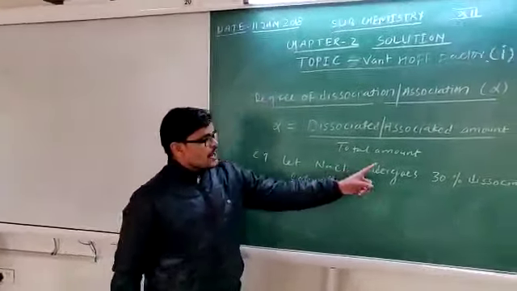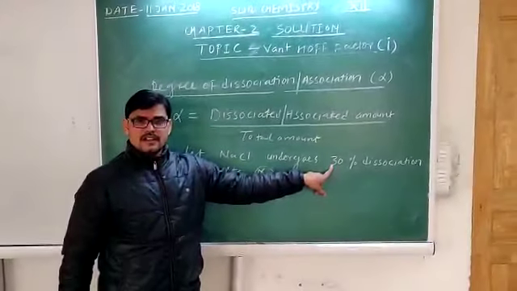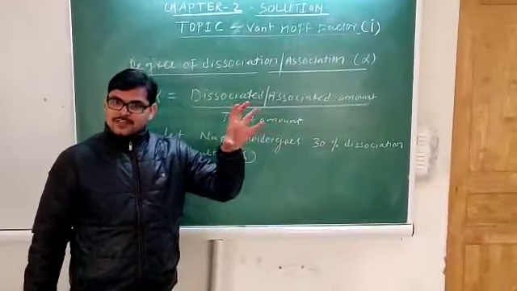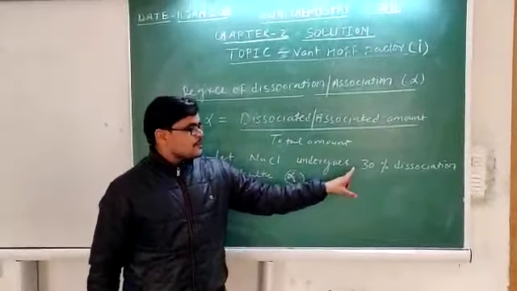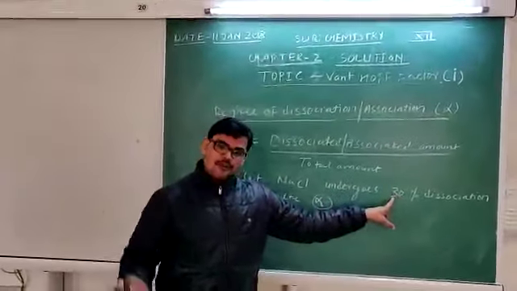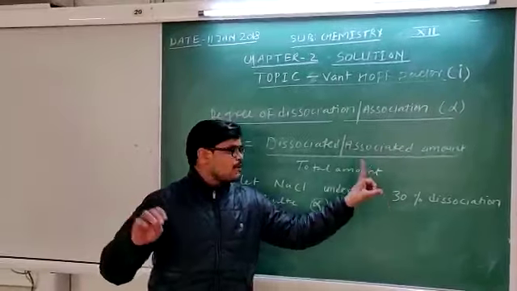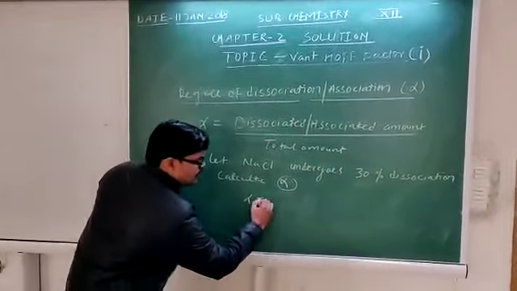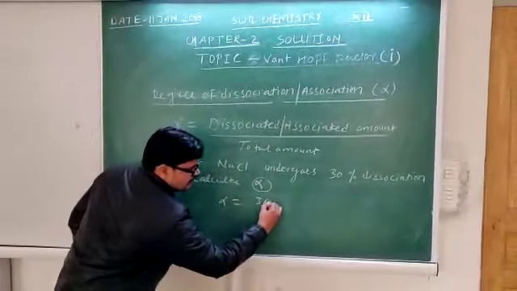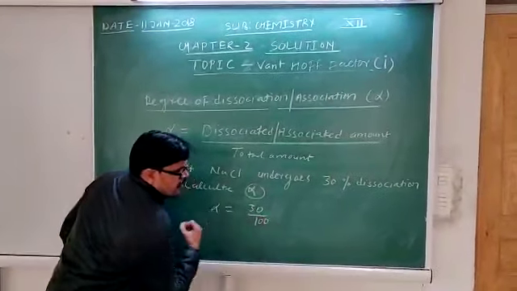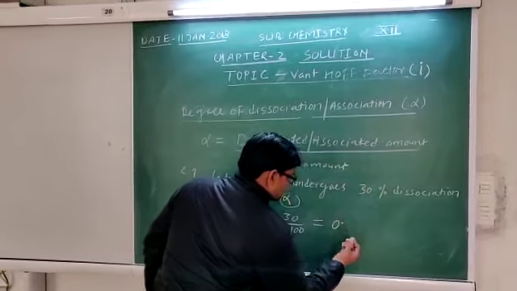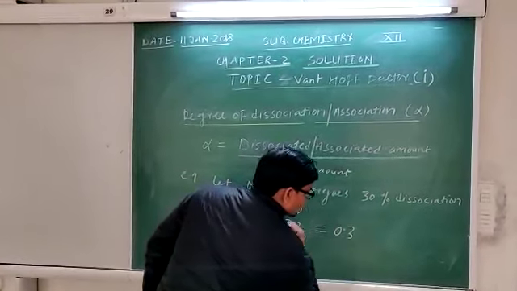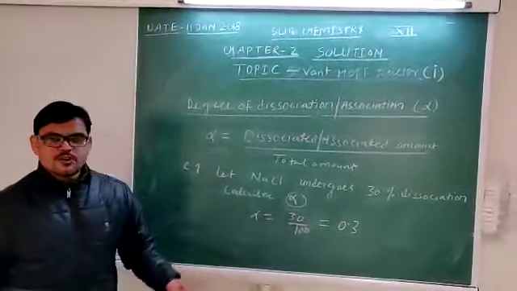You know 30% dissociation means the total amount of the substance is 100%, and 30% is dissociated. So the dissociated amount becomes 30 and the total amount is 100. So alpha equals 30 upon 100, it becomes 0.3. We get alpha as 0.3.